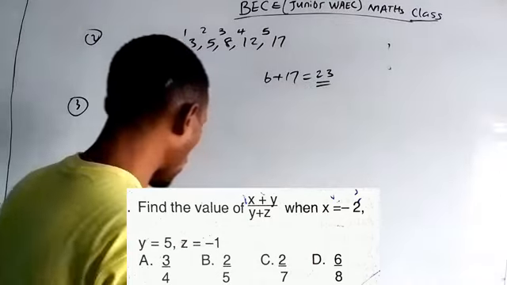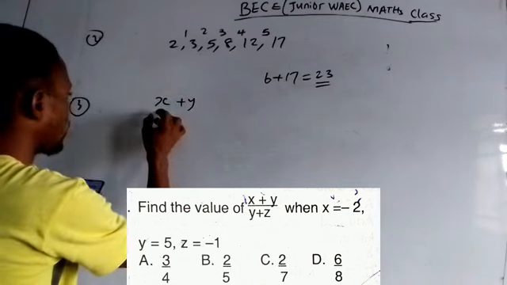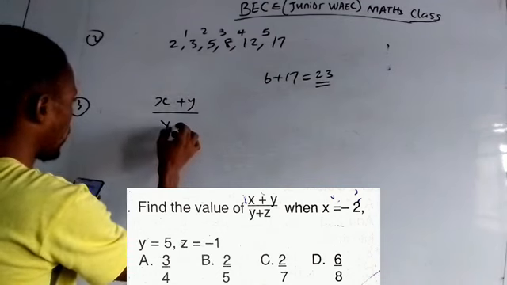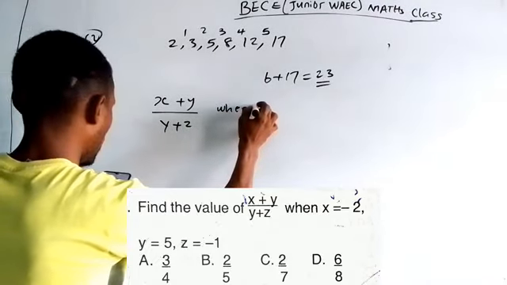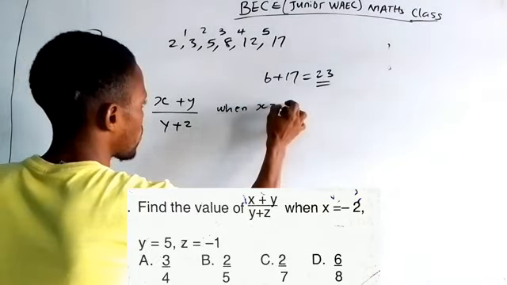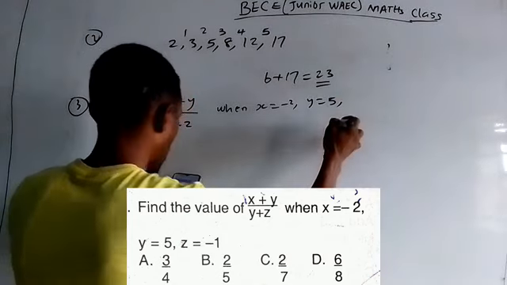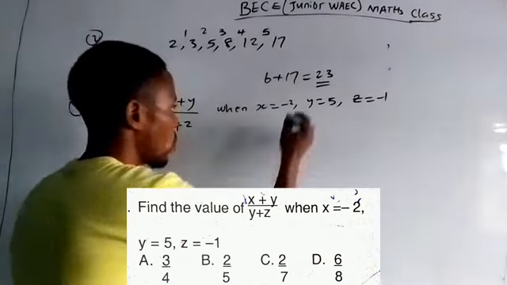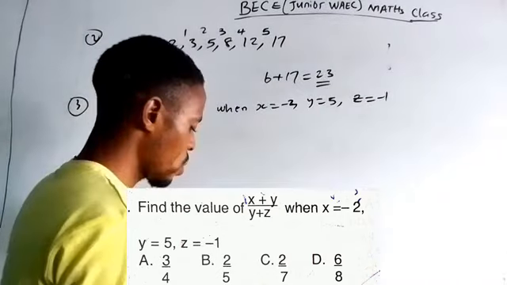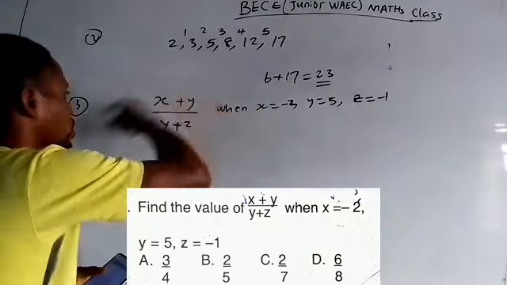We want to find the value of s plus y divided by y plus z, when s is given as minus 2, y is given as 5, and z is given as minus 1. So we are substituting what we have here into this expression.